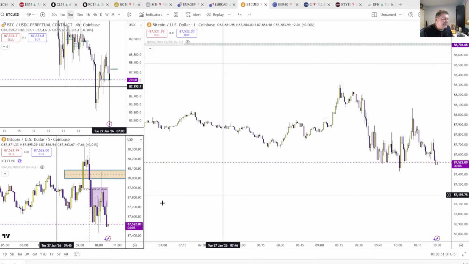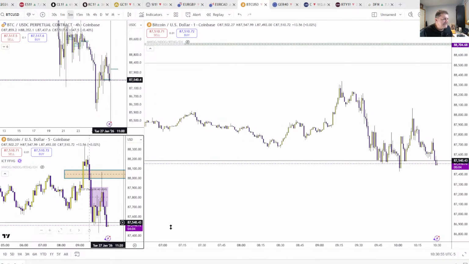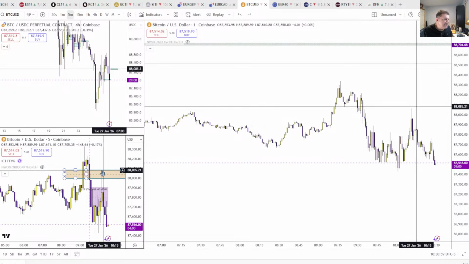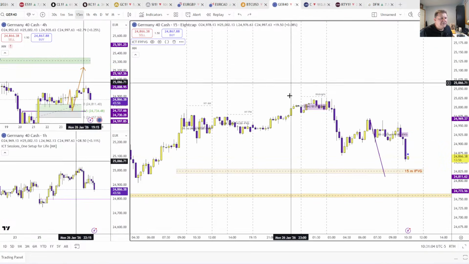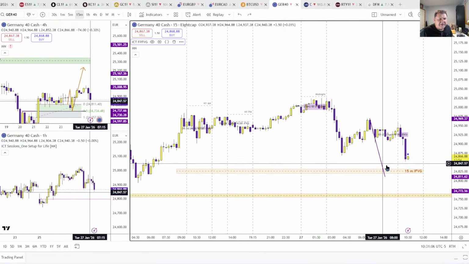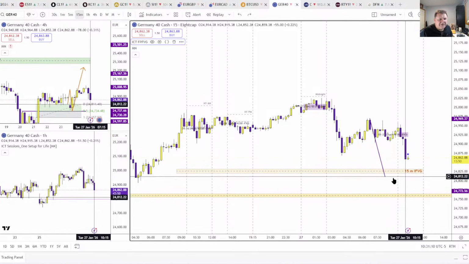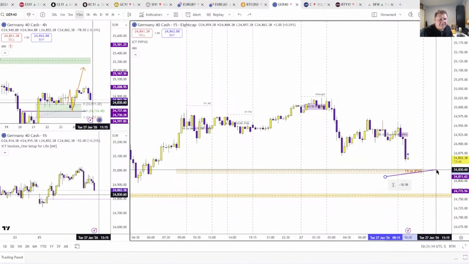Bitcoin. What's Bitcoin up to? Nice little premium run there. Hit the premium box and slammed it. Looking for our downside. Look at that. That's our downside objective right here and here. That finishes off my price leg.